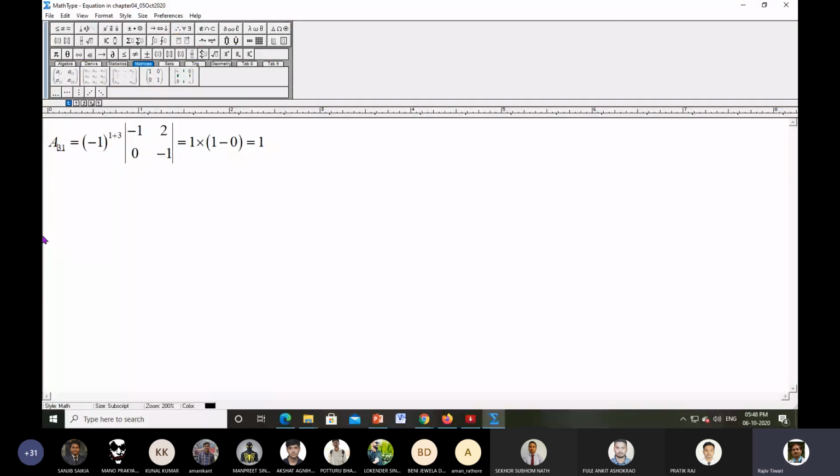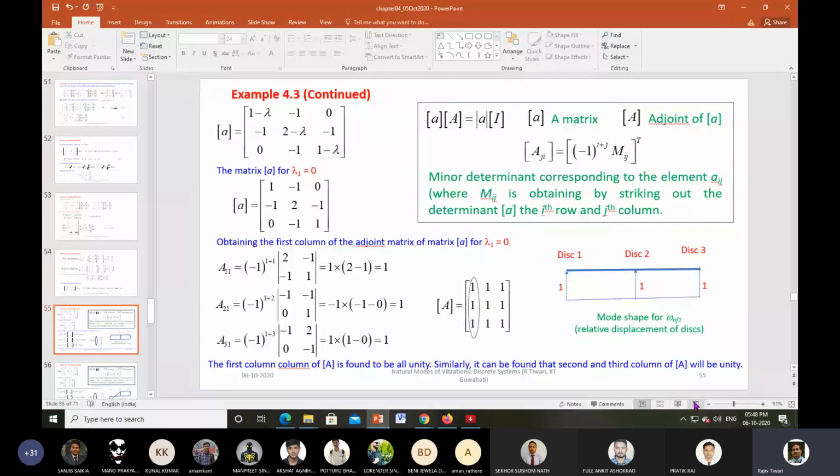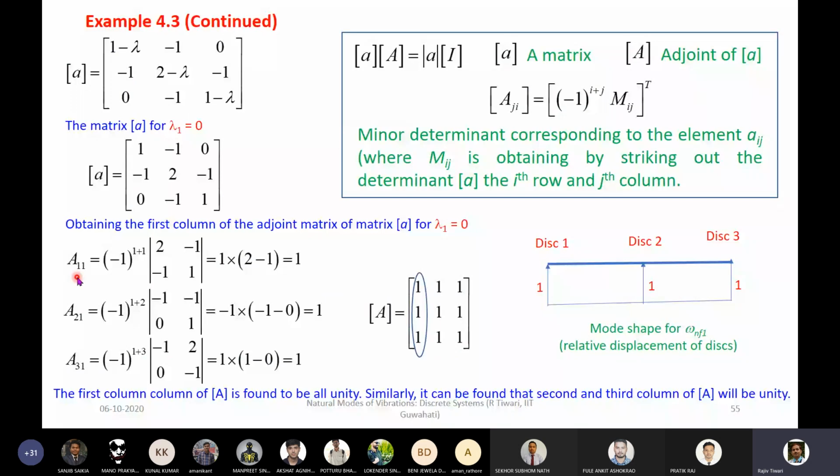I'll explain what the subscript means. The first subscript represents the row and the second the column. So when I'm saying second row and first column to be eliminated, that means from this, the second row and the first column.